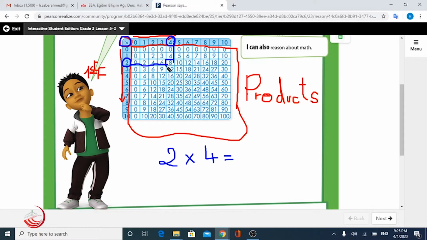Right here, where the row of the first factor meets the column of the second factor, we get the product, which is 8.